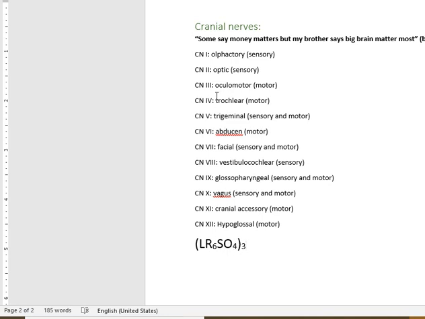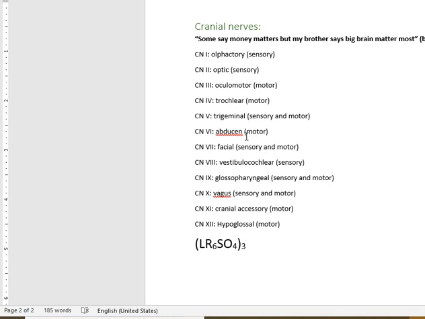Fourth cranial nerve is the trochlear nerve, and the all into 3 means that all the others which are not lateral rectus and superior oblique are going to be supplied by the oculomotor nerve, which is the third cranial nerve. So this is why the oculomotor, trochlear, and the abducent are all motor.